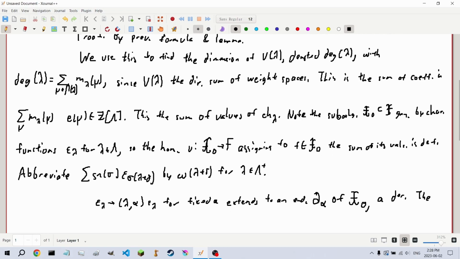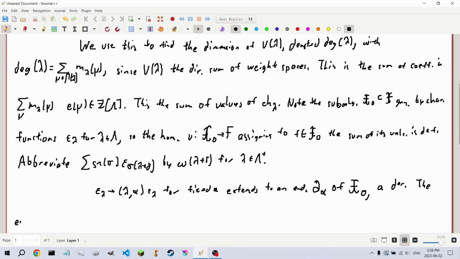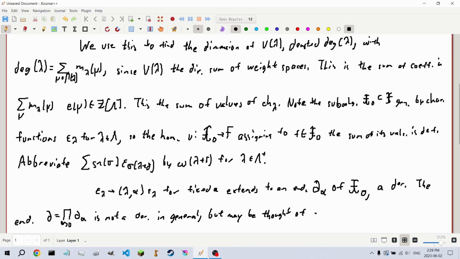The endomorphism delta, as the product of positive roots d alpha, is not a derivation in general, but may be thought of as a differential operator.